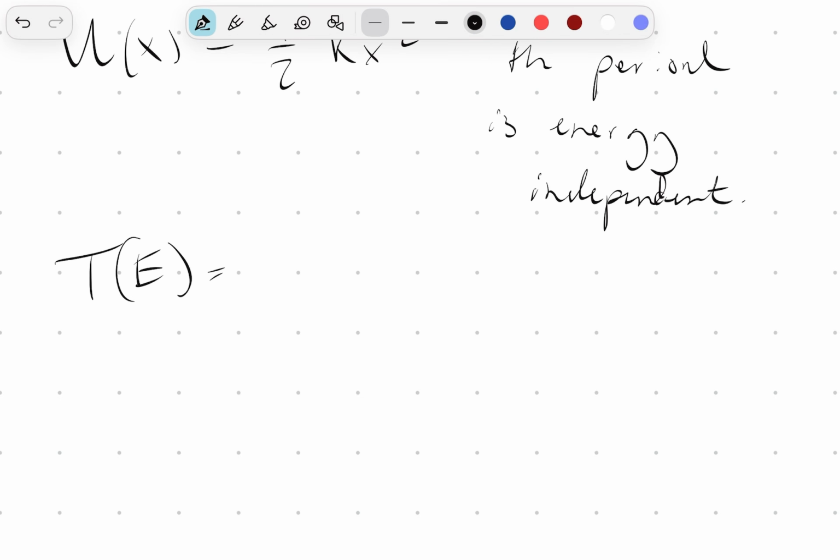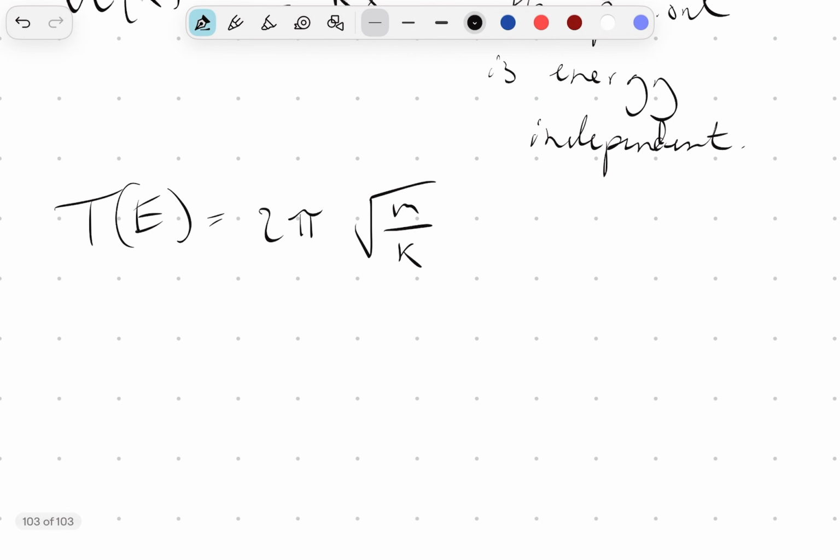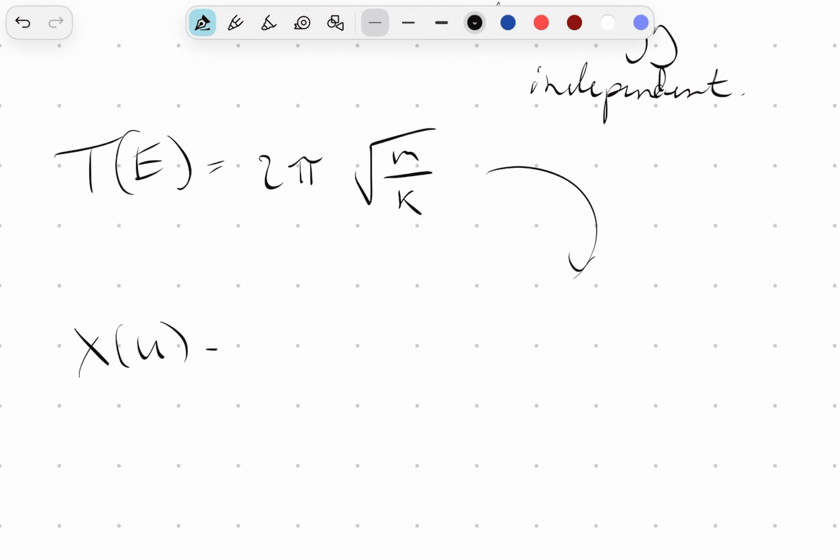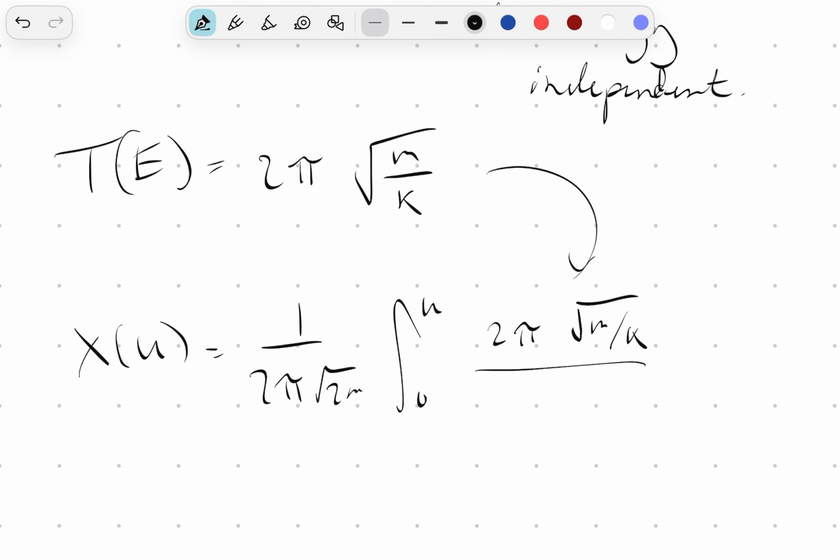So the period of this potential would be 2 pi square root of m over k. Now, if you insert this constant period into our formula, which you're getting from u here, for 2 pi square root of m over k, times the integral of dE over square root of u minus E.